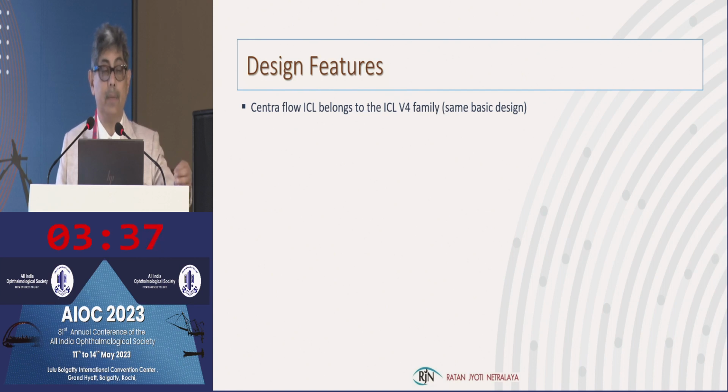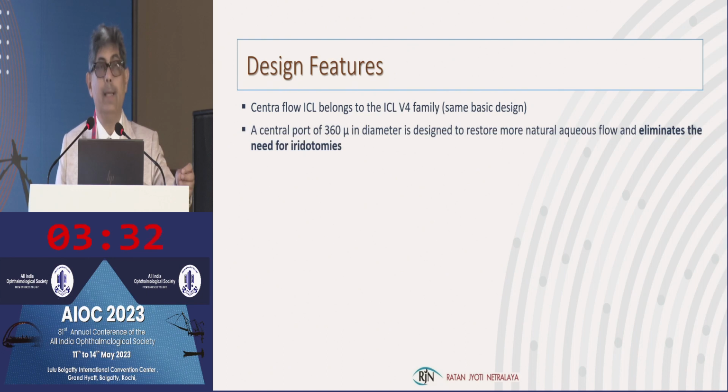Coming to the Centraflow ICL, which belongs to the ICL V4 family, it has a 360 micron central opening, which is designed to restore more natural aqueous flow and eliminates the need for iridotomies. Earlier, we had to do one iridotomy either by YAG laser before or during the surgery itself.